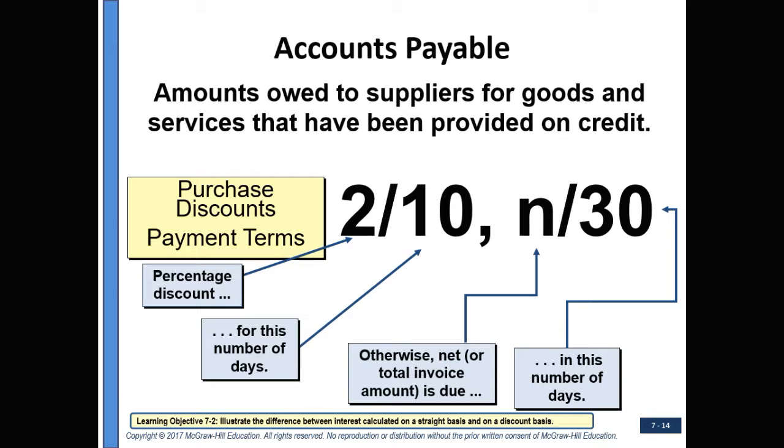So, for example, we read this as 2% discount within 10 days. Otherwise, net within 30 days.